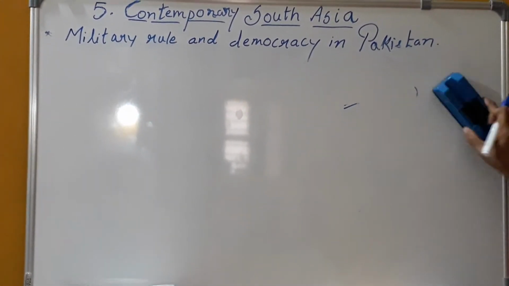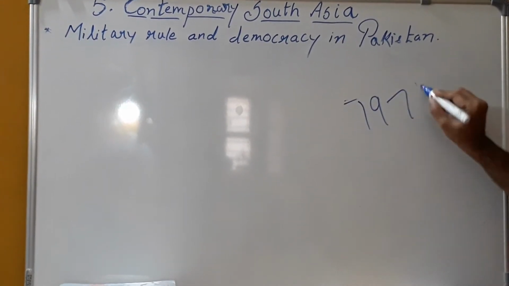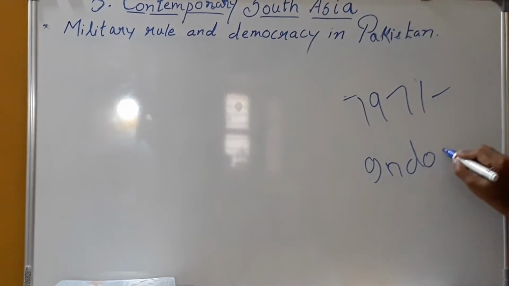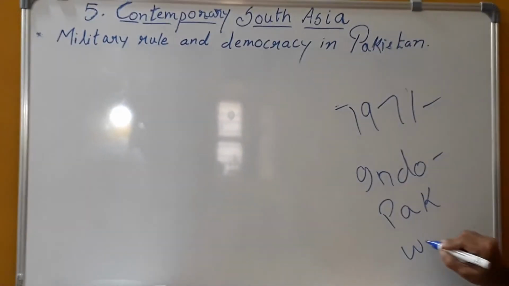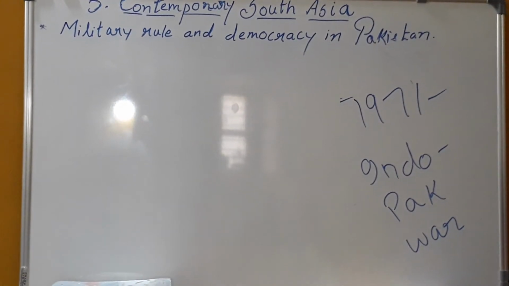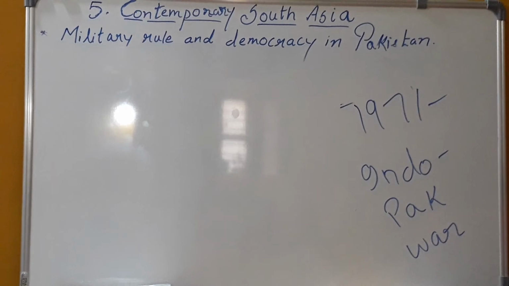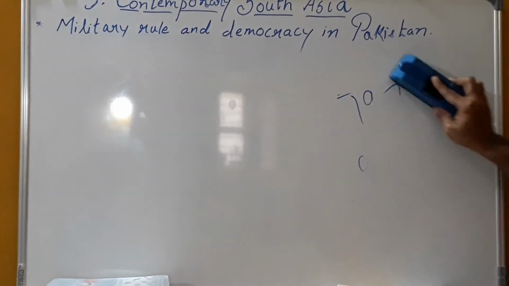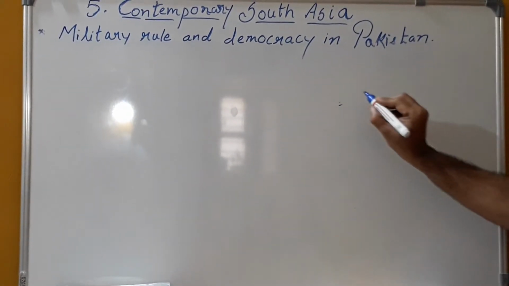There was again conflict between East Pakistan and West Pakistan, and India intervened, and Pakistan was partitioned into Bangladesh and the present Pakistan. So Yahya Khan lost face, and he became quite unpopular after the defeat in the war against India.